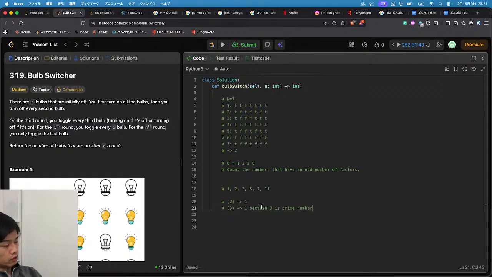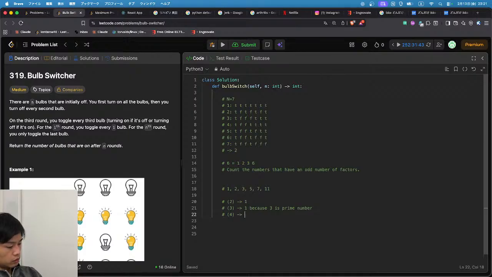So 3 has only two factors, 1 and the number itself. So when we think about prime numbers, we don't need to increment anything. The problem is how to check these numbers.